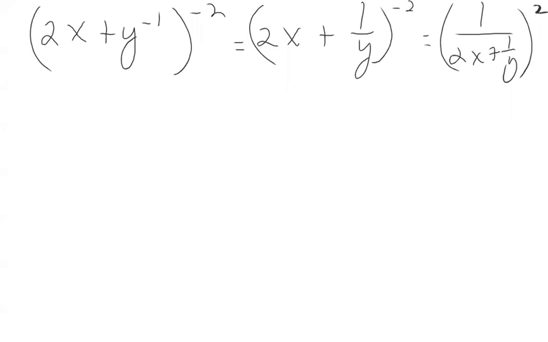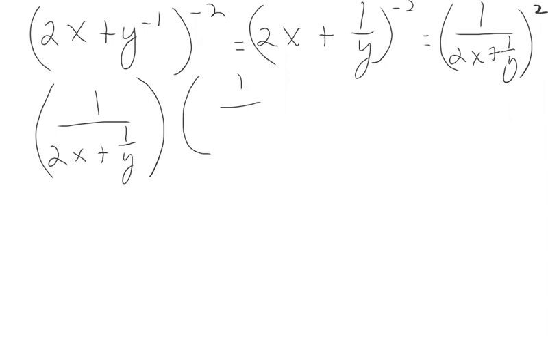Now I want to FOIL this thing. So I get 1 over 2x plus 1 over y times 1 over 2x plus 1 over y. And if we multiply these things together, 1 times 1 is 1. So the numerator is the easy part. And now we have to FOIL.